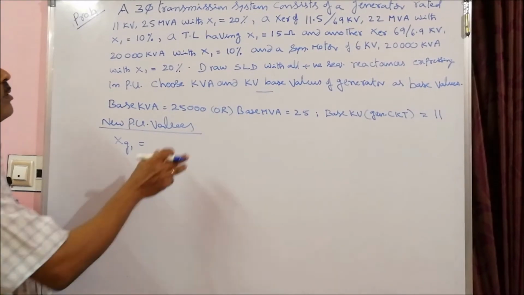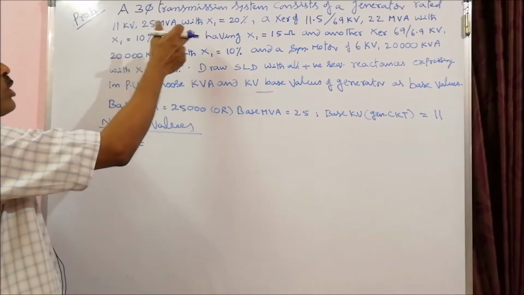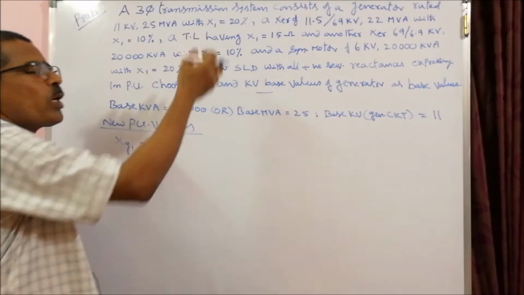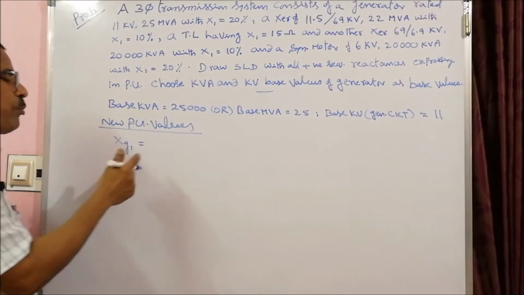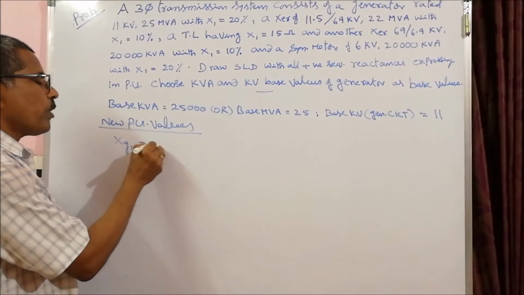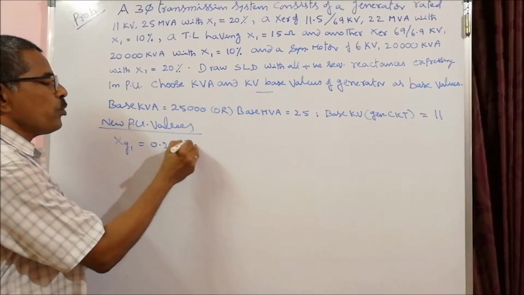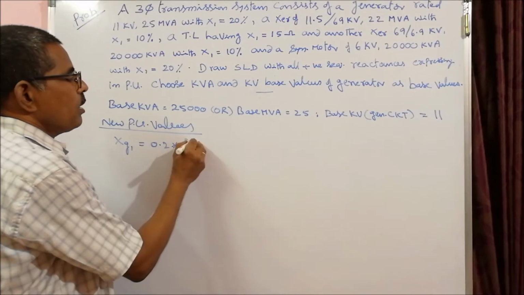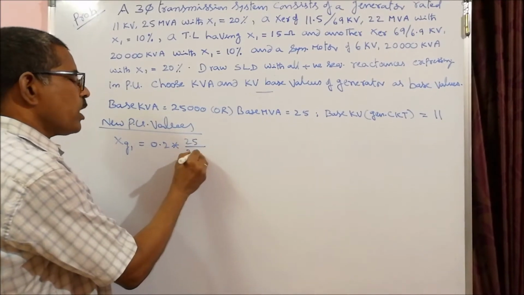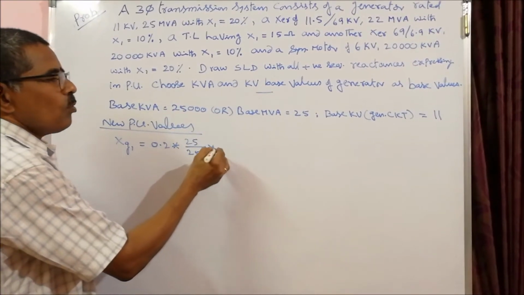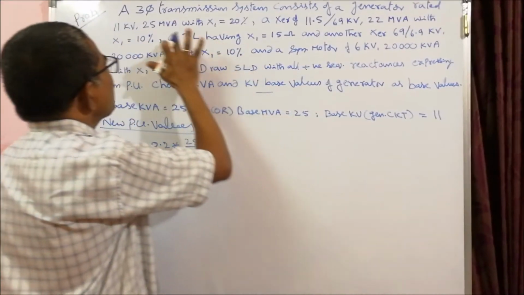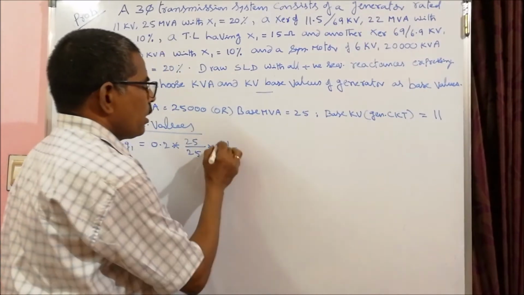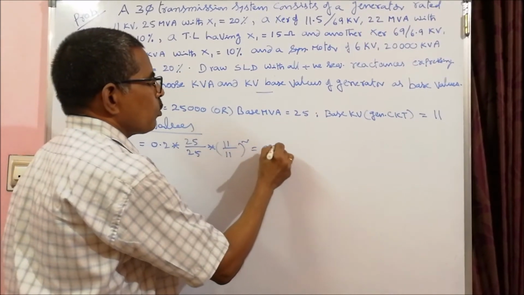So actually 11 kV and 25 MVA, those two are selected as base. So the per unit value is 0.2, you need not calculate. Or even if you calculate, it is the old per unit value, that is 0.2 into new MVA base, 25, divided by old MVA which is also 25, into old kV, that is 11, by new kV 11 squared, which is 0.2.